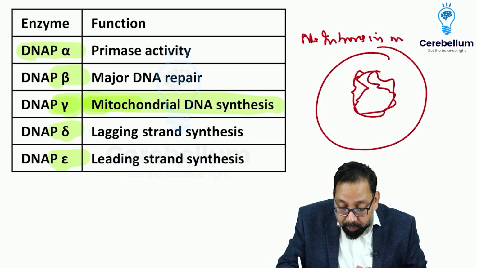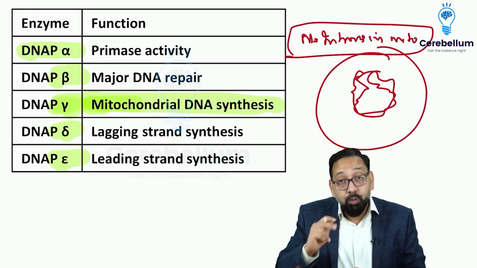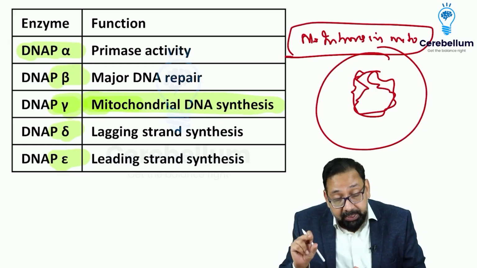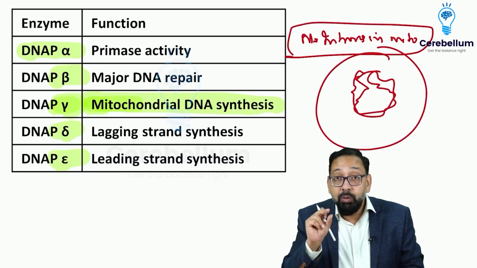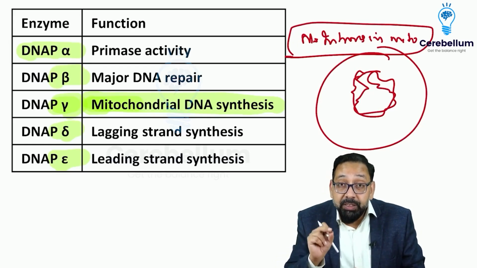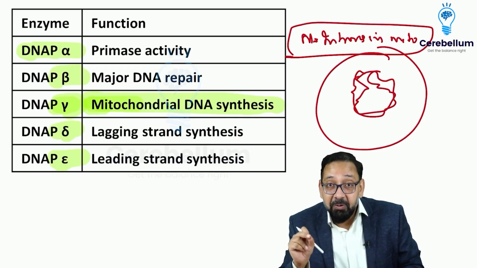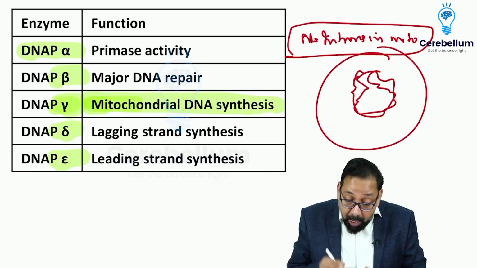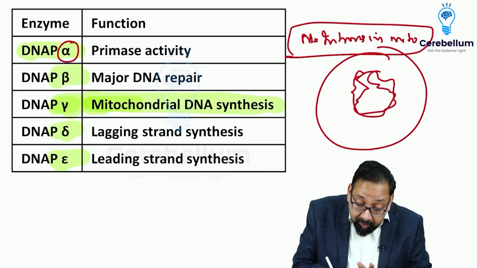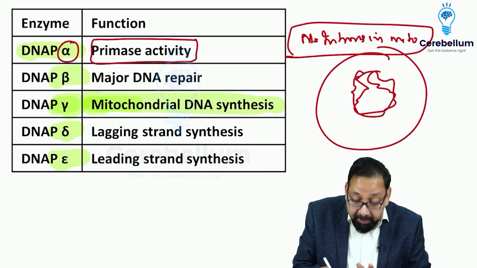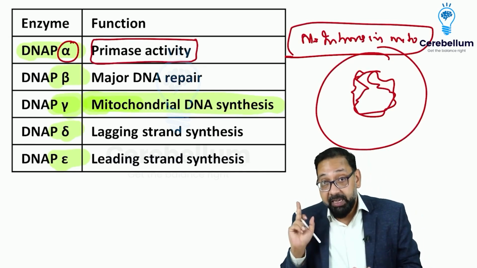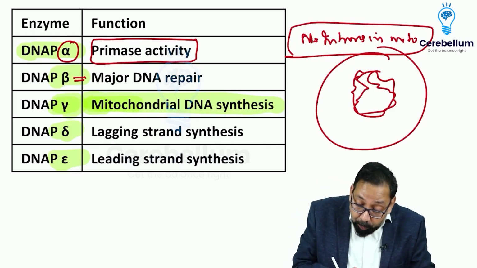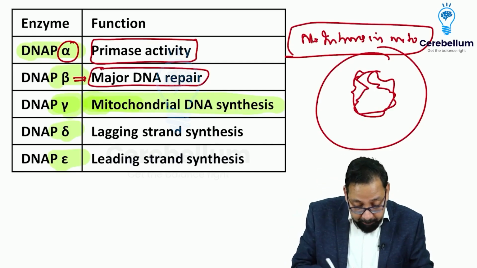Due to the absence of introns, the mutation rate is higher in mitochondrial DNA than in nuclear DNA. Point it out. Now, alpha polymerase synthesizes the primer, so alpha polymerase has primase activity. Beta polymerase does DNA repair.